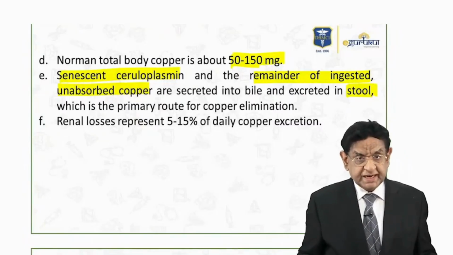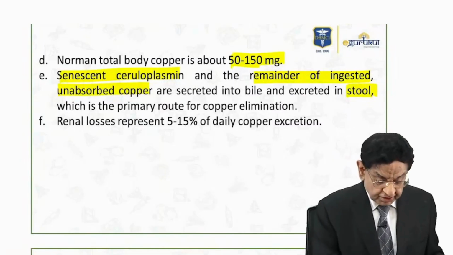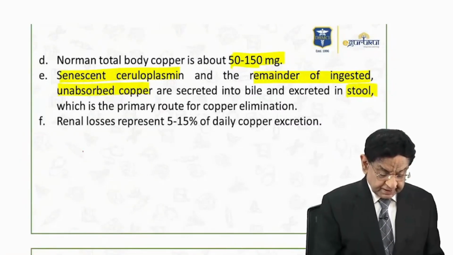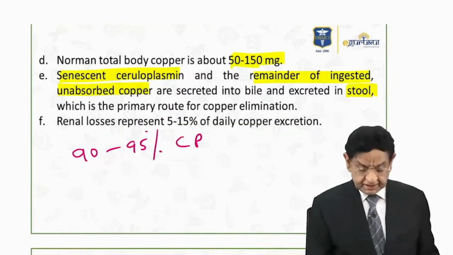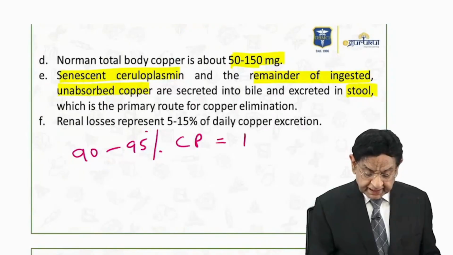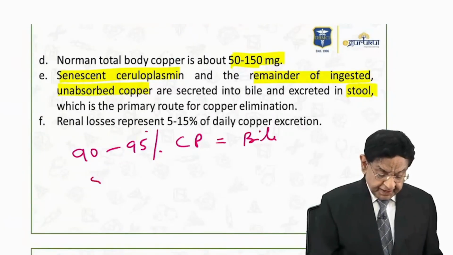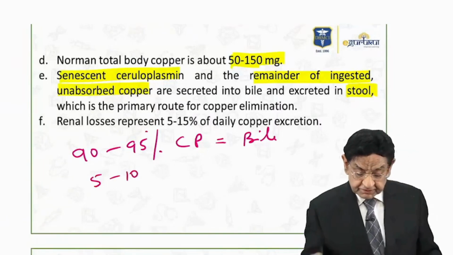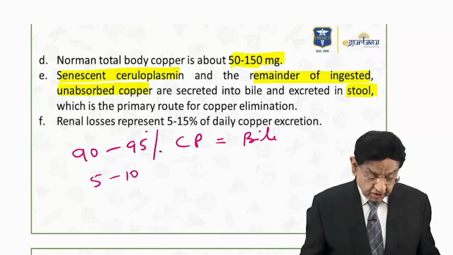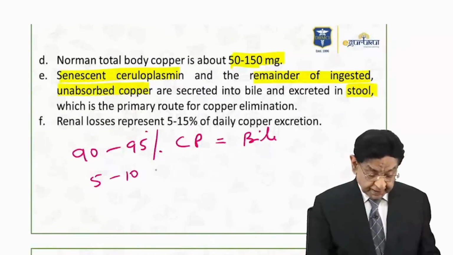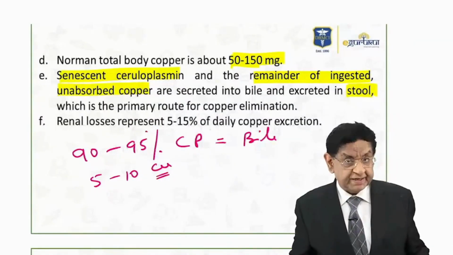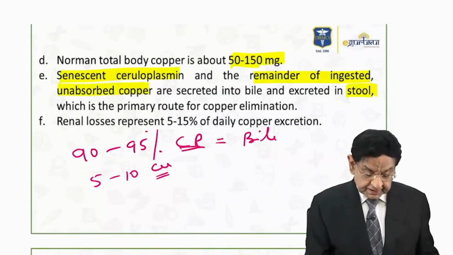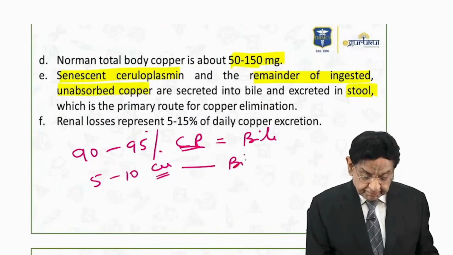And similarly, 90 to 95% of the ceruloplasmin, CP stands for ceruloplasmin, goes in bile. But 5 to 10% of the copper which was not incorporated into the ceruloplasmin will again go out in the bile.